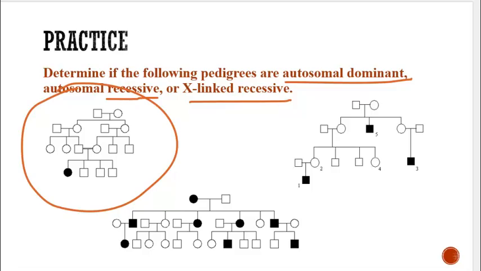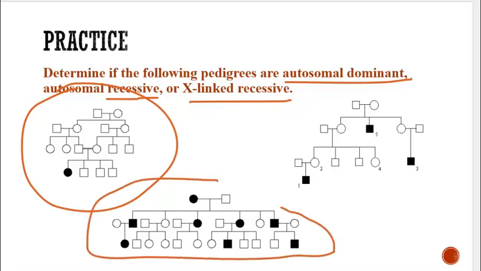For this one, we're looking at a lot more individuals that are shaded in, and they're both males and females. So most likely this is a dominant controlled genetic condition that is being passed on. Because in dominance, whether you're homozygous dominant or heterozygous, you would show the condition. So it's going to be much more prevalent.